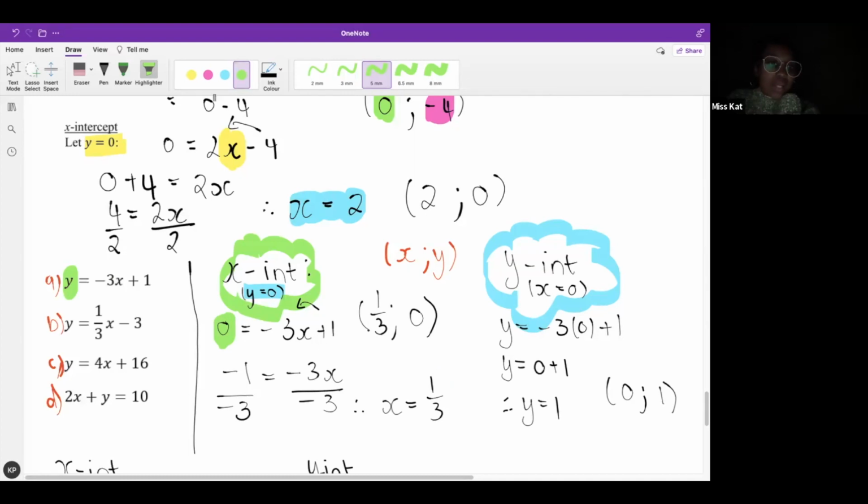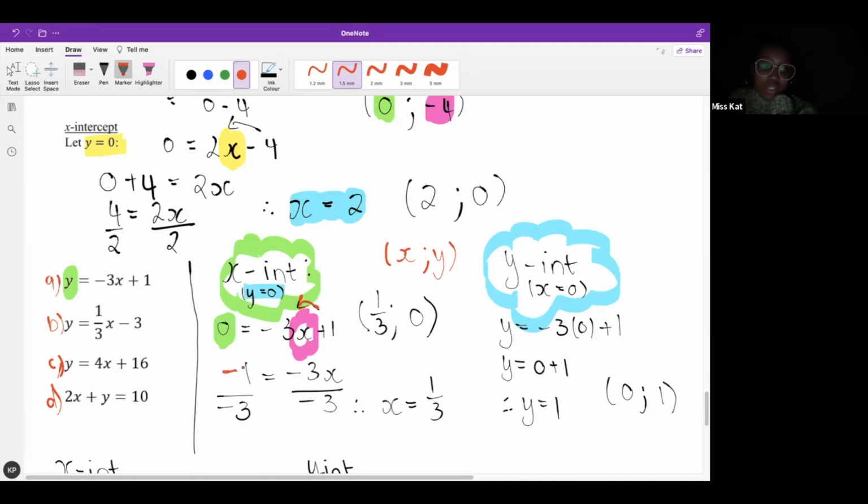And now I want this x to be alone. So first I get rid of this positive 1. I take it over to the other side. What happens when you take stuff to the other side? It becomes a -1. There we go.